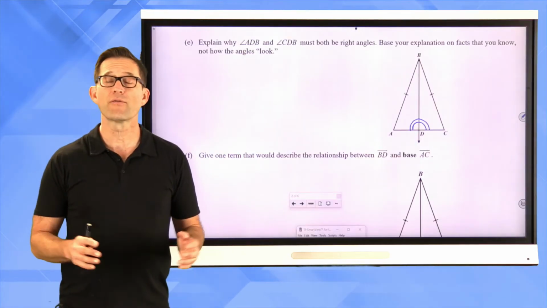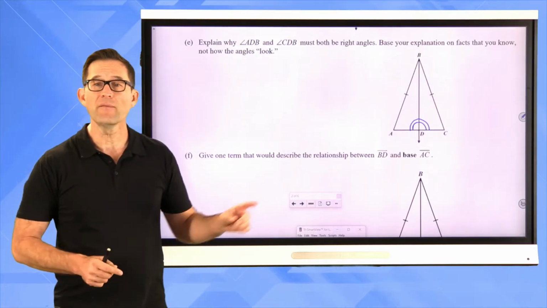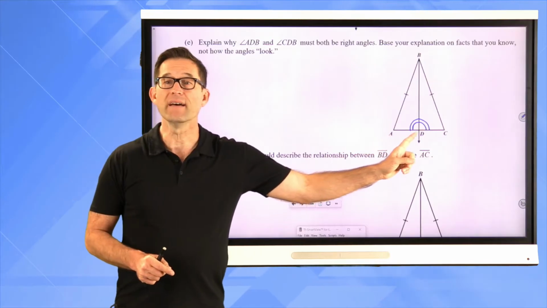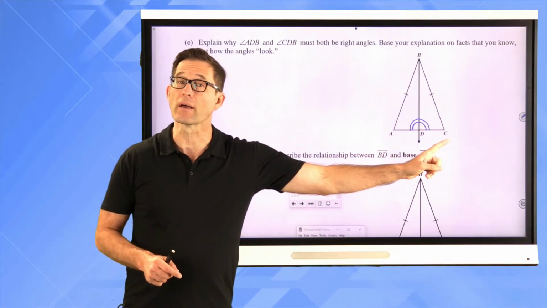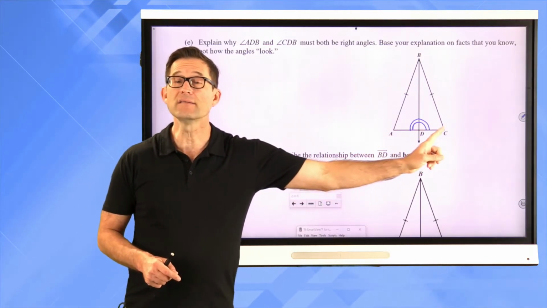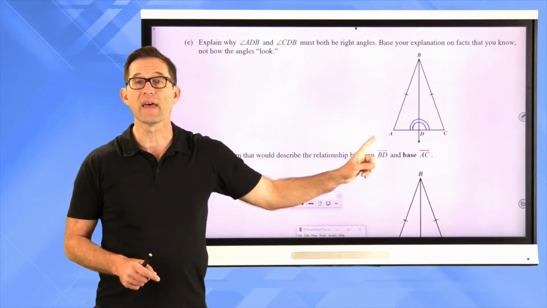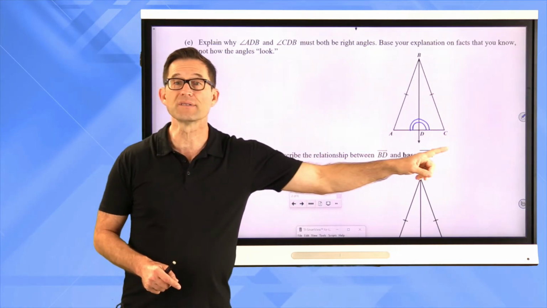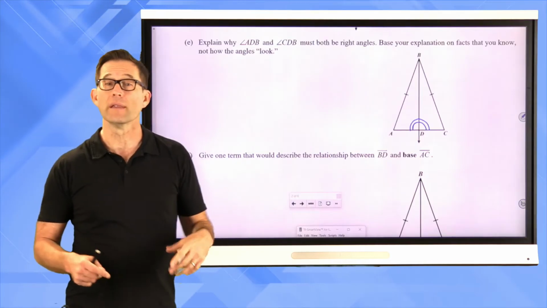Well, there's a bunch of different ways to say it, but the plain fact is angle ADC is a straight angle, which means angle ADB and angle CDB have to be a linear pair.